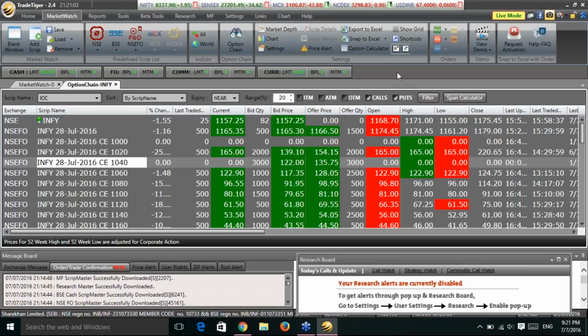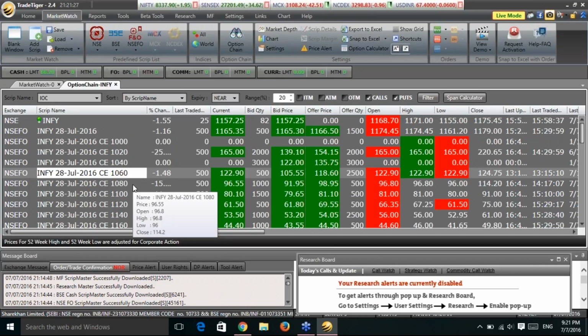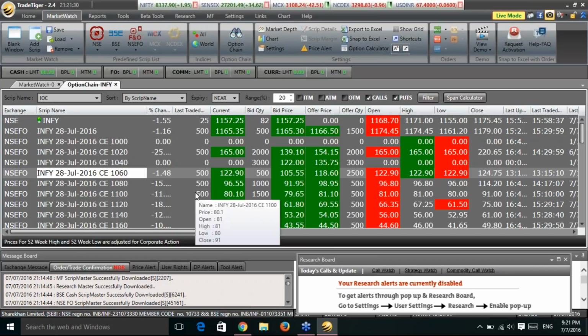If you believe the market will close around 1200 near expiry, you can buy any contract below 1200, and including the premium, the break even should be less than 1200, right? If you go more out of the money, you pay a lesser premium, and if you go in the money, you pay a higher premium, because an in the money contract has intrinsic value as well as time value, and an out of the money contract has only what?